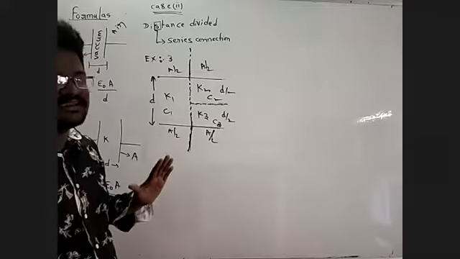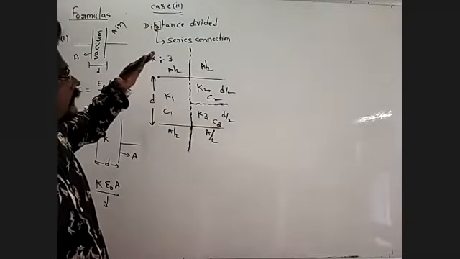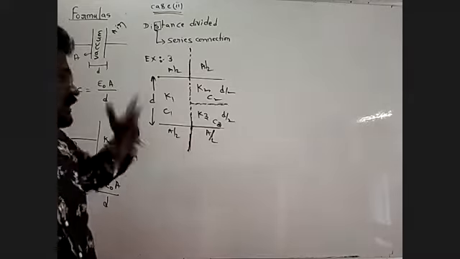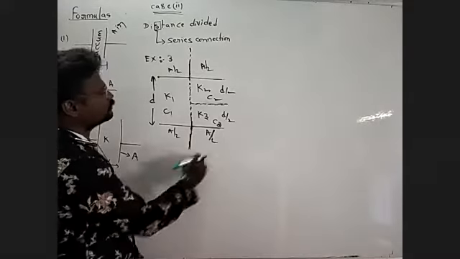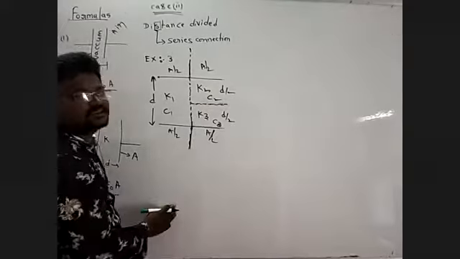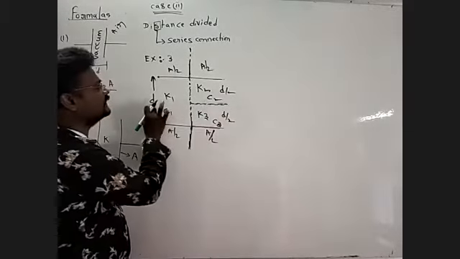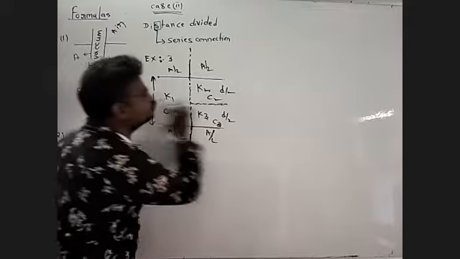How can we decide? Based on the distance division means series, and area division means parallel connection. Come to the point. Distance divide: these two, C2 and C3 capacitors, are in series. C2, C3 distance divide, D can be divided into two parts.